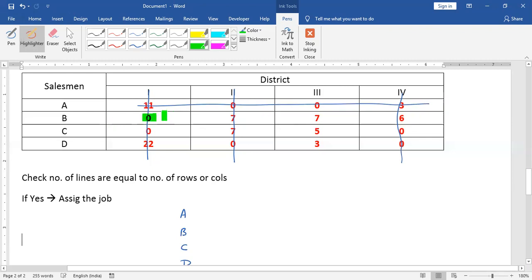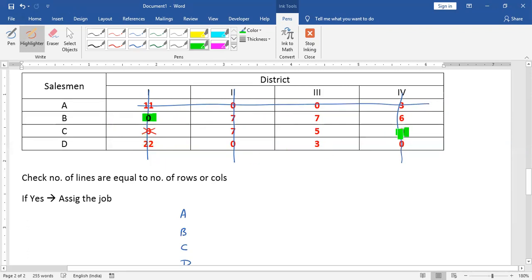If I assign this, that means we are not going to assign C to the first territory, the first district. I will cancel it out. What about person C? How many zeros are there? 1 and 2, in which 1 is cancelled. The remaining 0 is this.